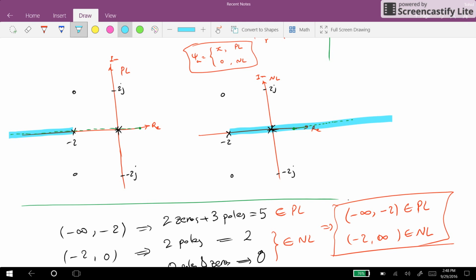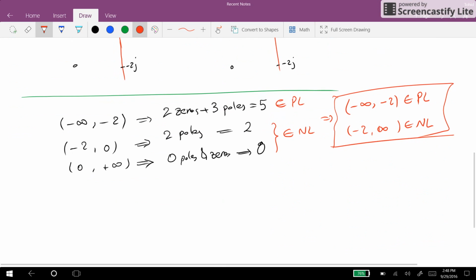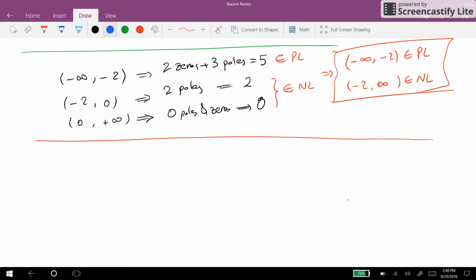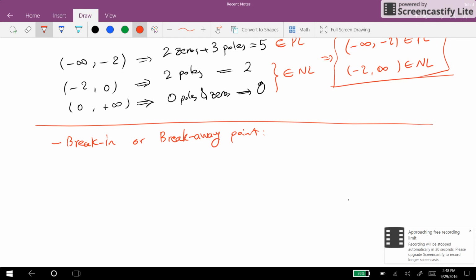Now, as the next step, we can think about the break-in or break-away points that we may have for this example. So we know that in order to find the break-in or break-away points, we need to find the roots for d rho over ds equal to 0.